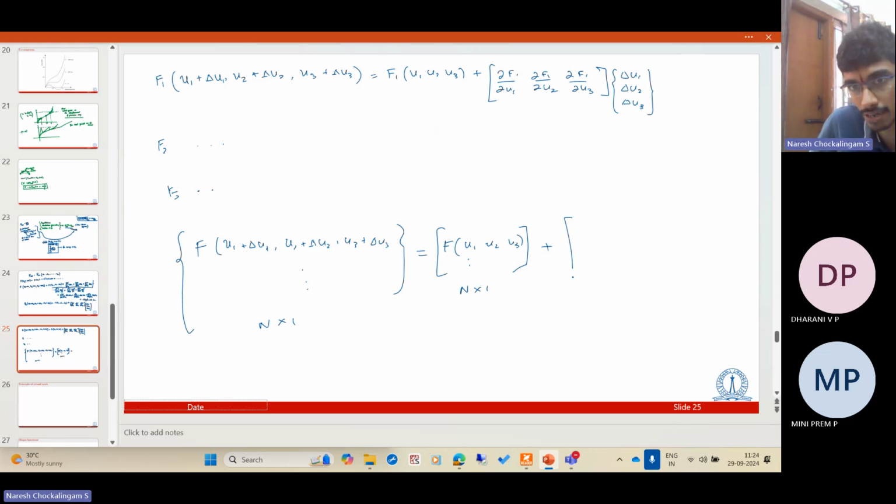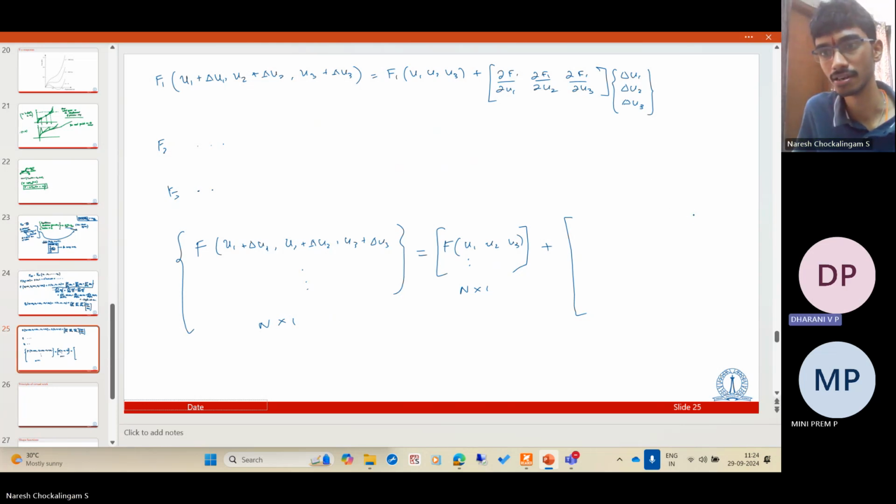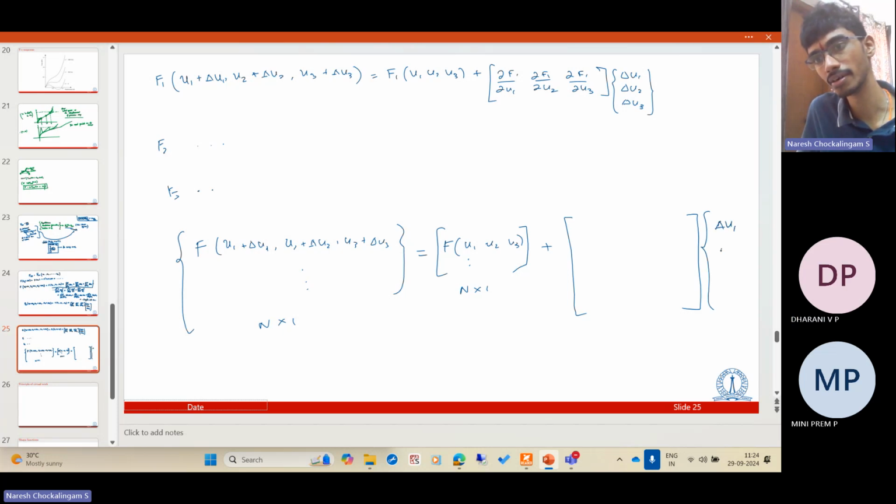Plus what? The first row will be, this matrix is common. So this matrix will not change. It is delta u1, delta u2, delta u3.